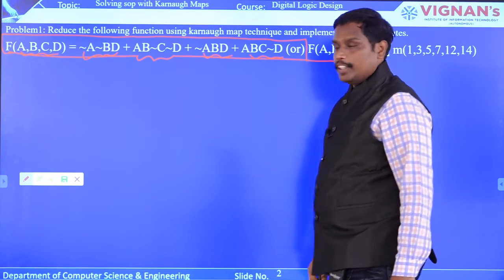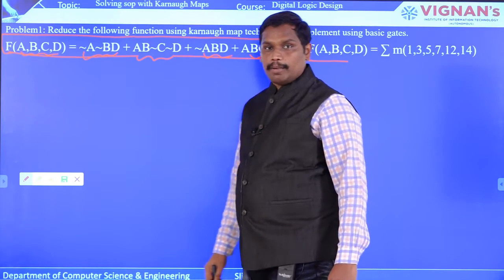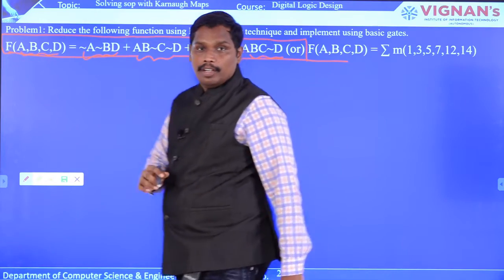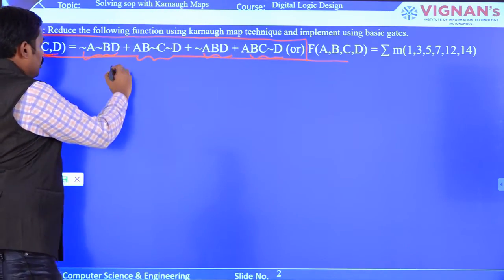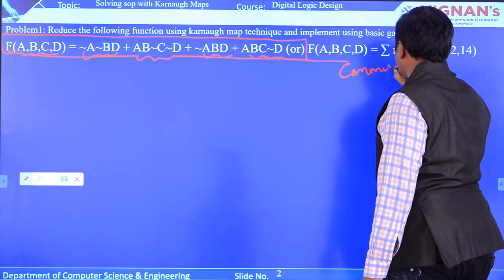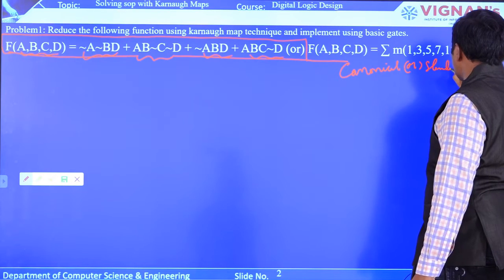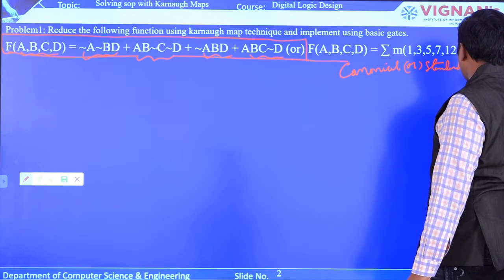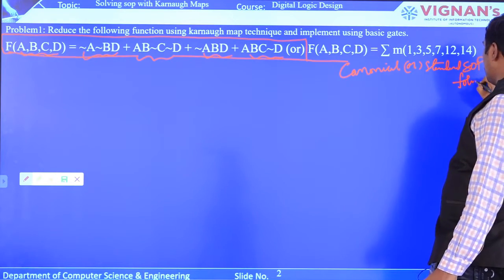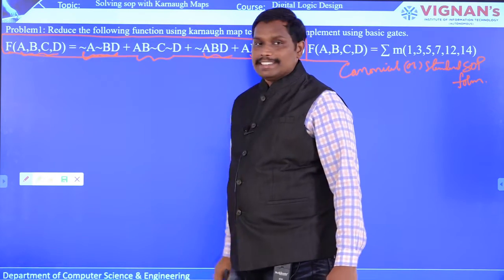right. If you see, all the min terms should have all the 4 variables, because that is a 4 variable Karnaugh expression. So, here it is not in canonical or standard SOP, sum of product form, because you can see in this particular min term, C is missing.